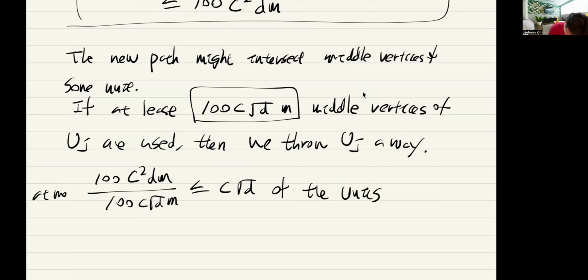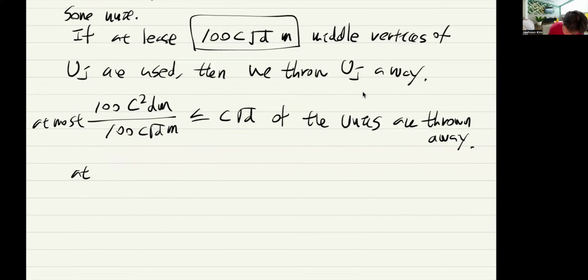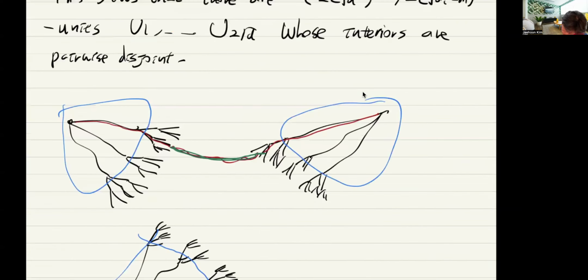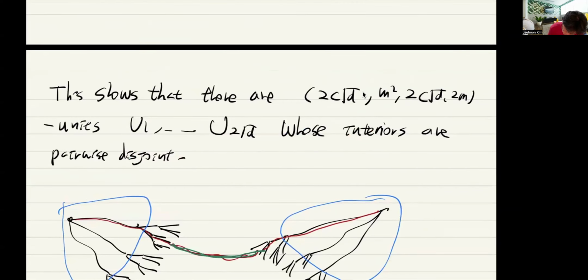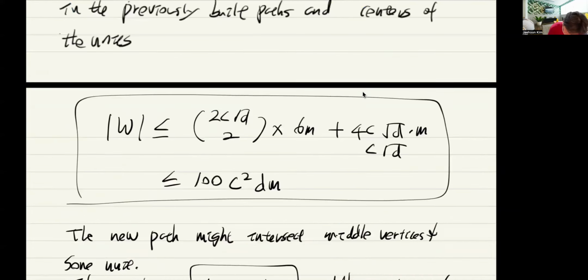So if many units are thrown away until the end, at least c square root of d survive, since we collected 2 times square root of d times c many units. So half of them will survive.